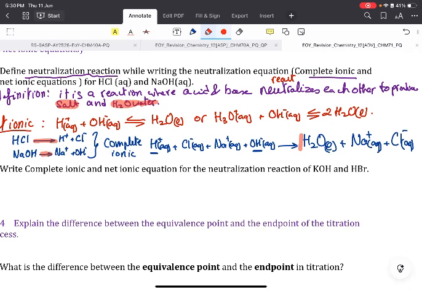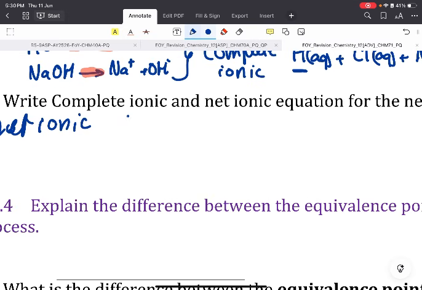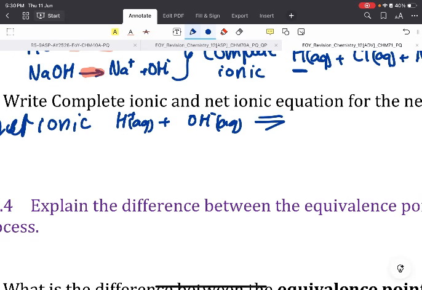Let's take another example. Here I have another base with another acid. As I told you, the net ionic, whatever the question is, it's not gonna change. So the net ionic is H plus and OH minus. Honestly, I always prefer this equation instead of writing H3O plus because it's much easier.